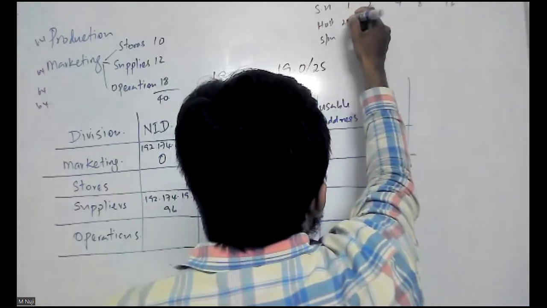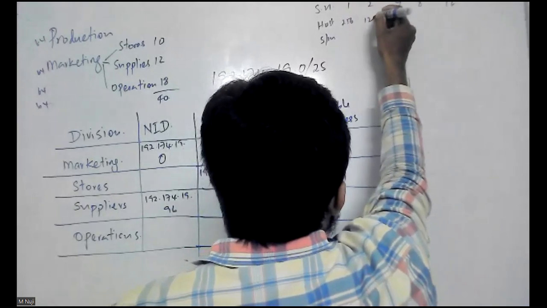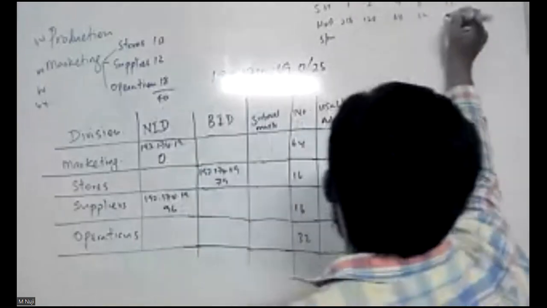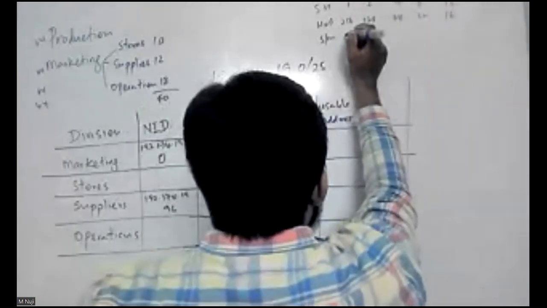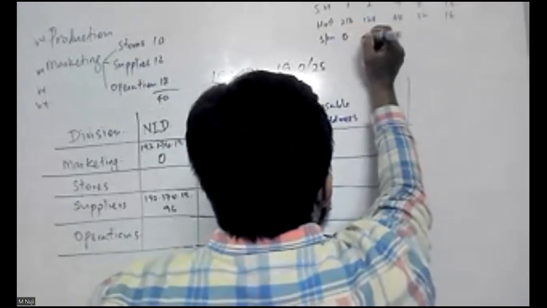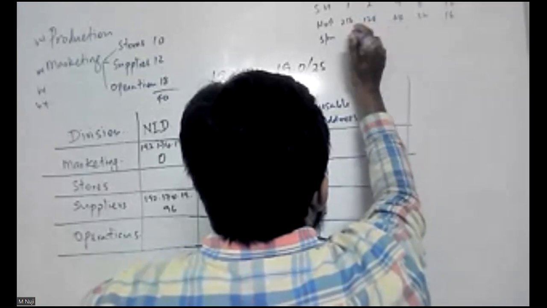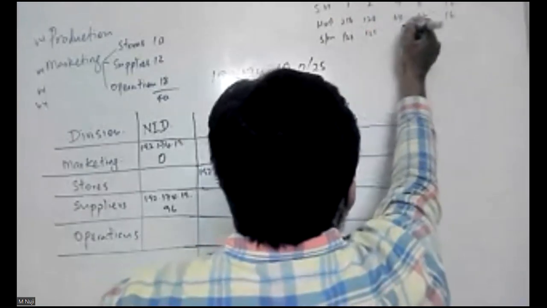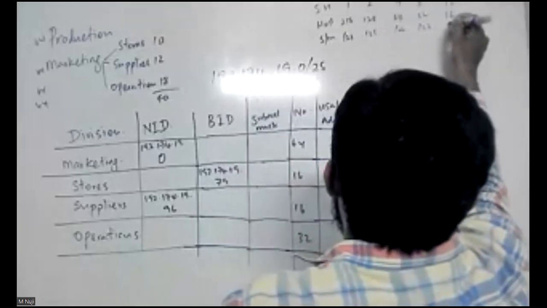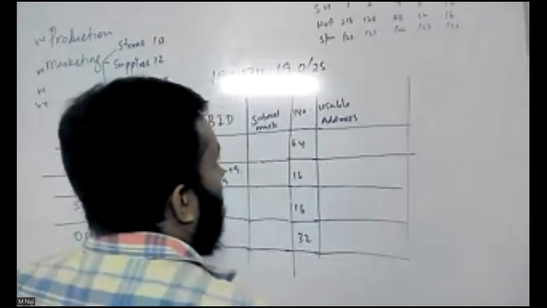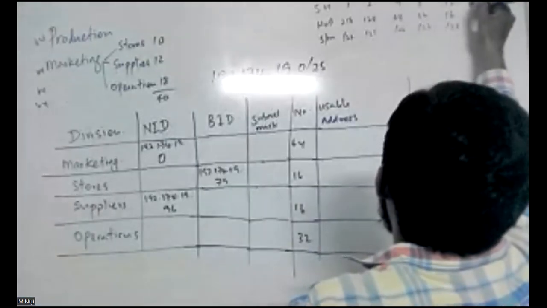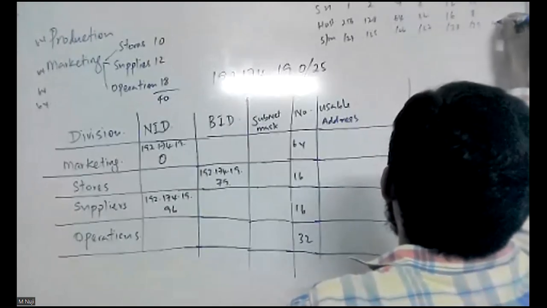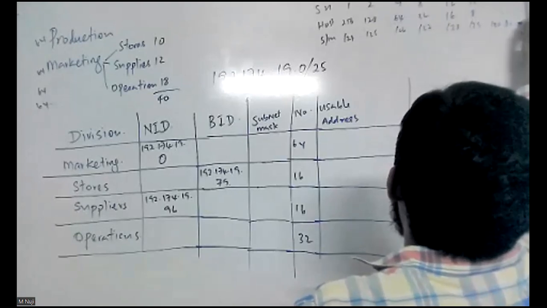For the hosts: 256, 128, 64, 32, and 16. For the subnet mask: 24, 25, 26, 27, 28, and so on up to 30, 31, 32.